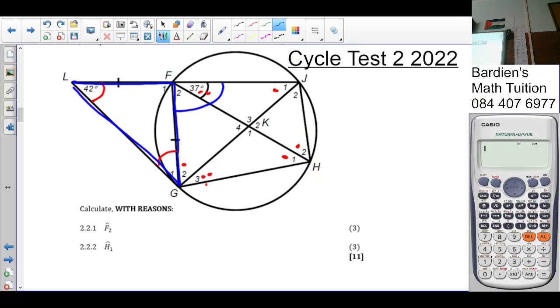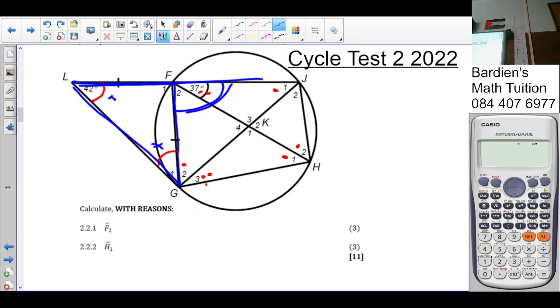Or if I've calculated F1, then I can just go angles on a straight line for F2. But this is the exterior angle, F2 and 37. The combination thereof is equal to angle L plus angle G1. Why? Because it's the exterior angle of this triangle.